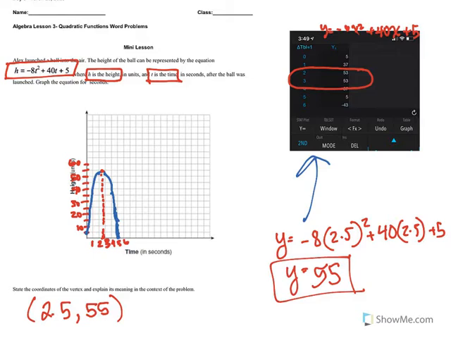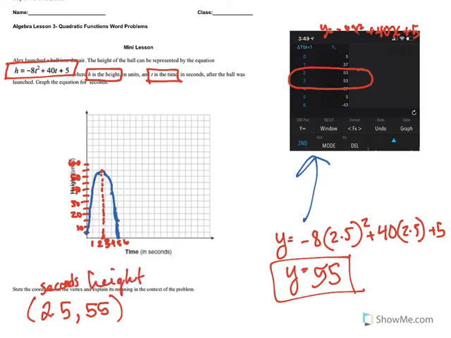And now it's also asking you, well, what does that mean in the context of the problem? Well, if we're talking about the height and we're talking about time here, right? This is x, which is seconds, and y, which is the height.